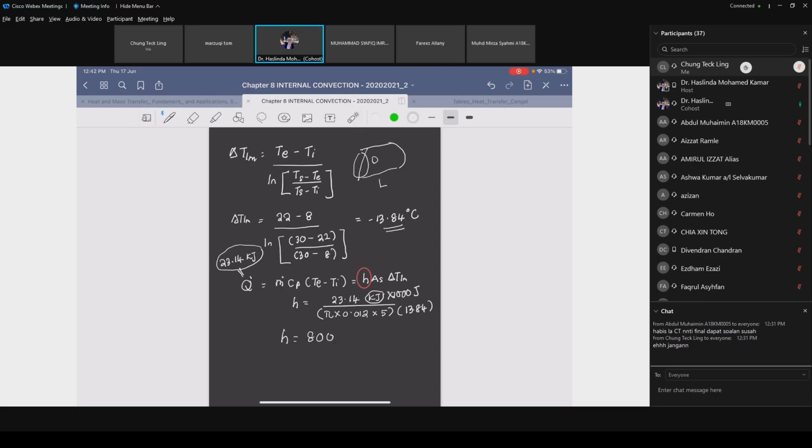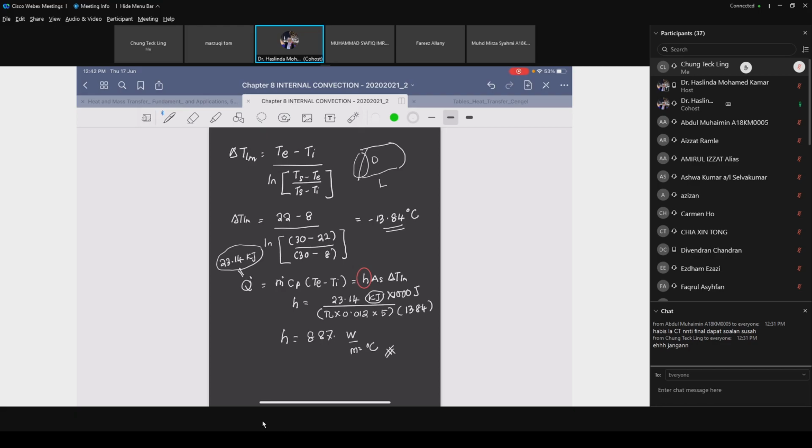So it is realistic lah dia punya answer. 887, yes, okay. Valid, 887 watt per square meter degree C.